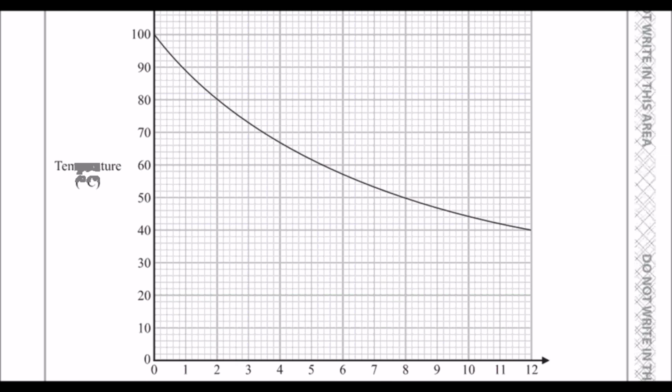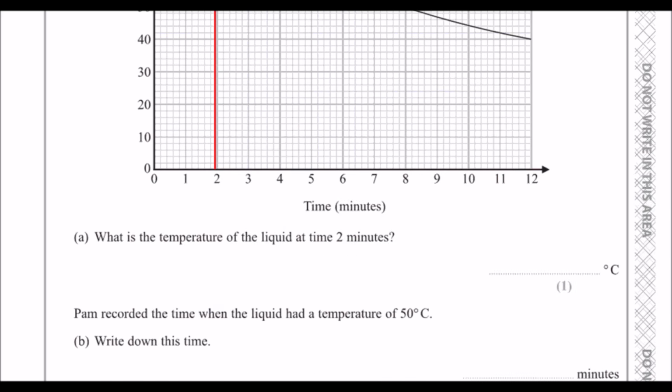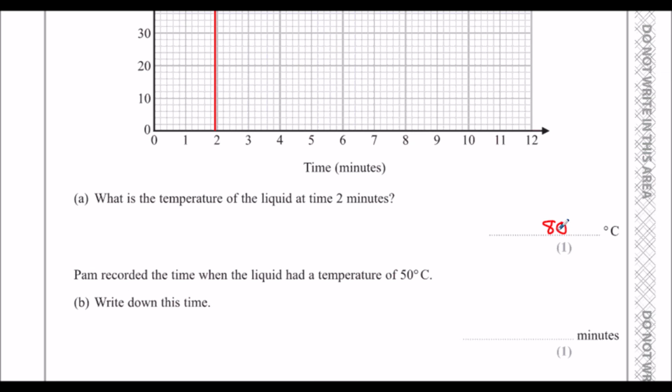So we start at 2 minutes. We go up to the line and then along, and we get 80 degrees. So 80 is our answer.